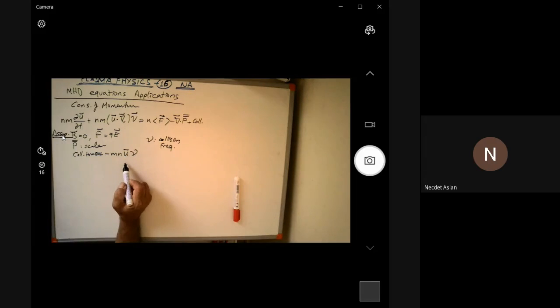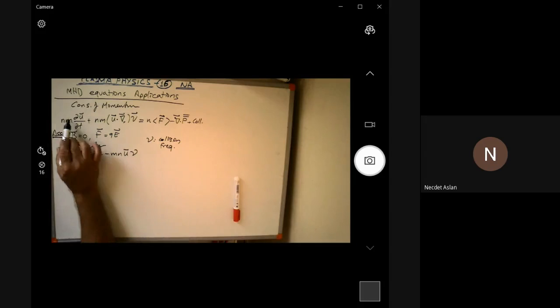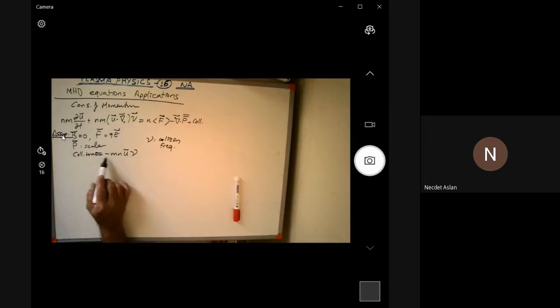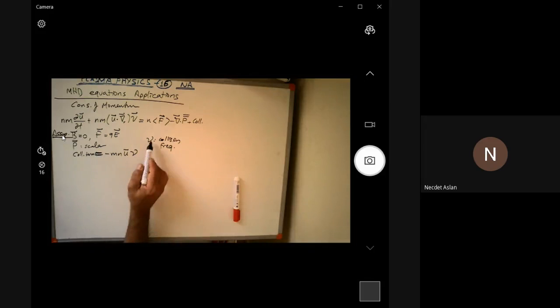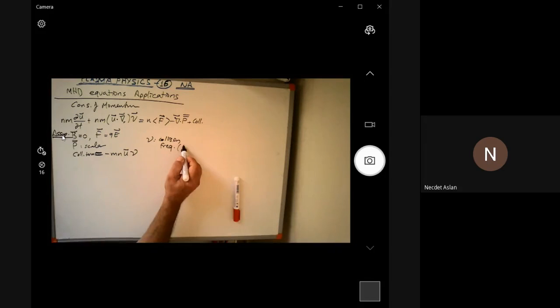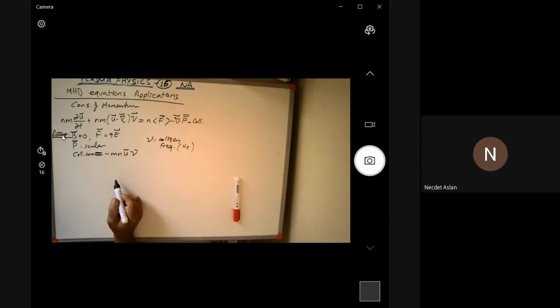Velocity divided by time times n m has the same magnitude as this term, so it is okay. This is the collision frequency for momentum transfer.